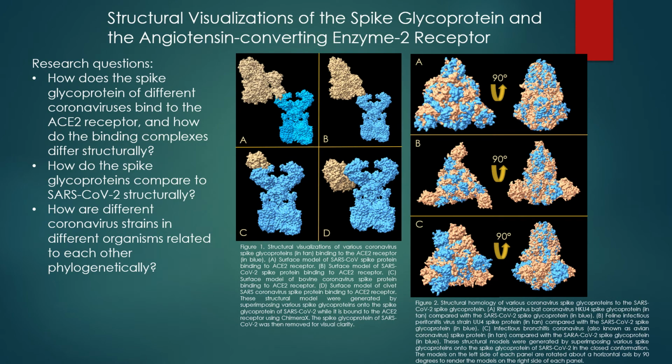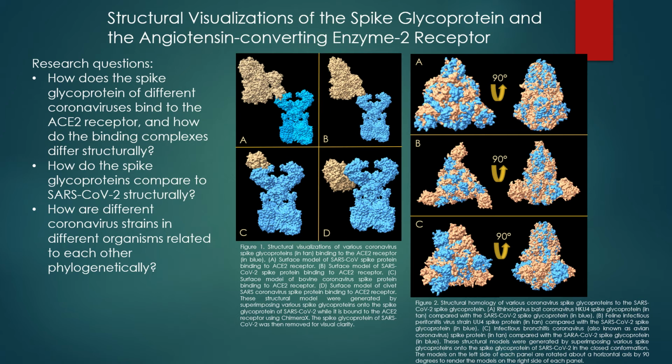So, there are three main questions I am trying to answer in this study. The first one is, how does the spike glycoprotein of different coronaviruses bind to the ACE2 receptor? And how do the binding complexes differ structurally? You can already tell on this slide, we're going to look at how that question could be answered in figure 1.